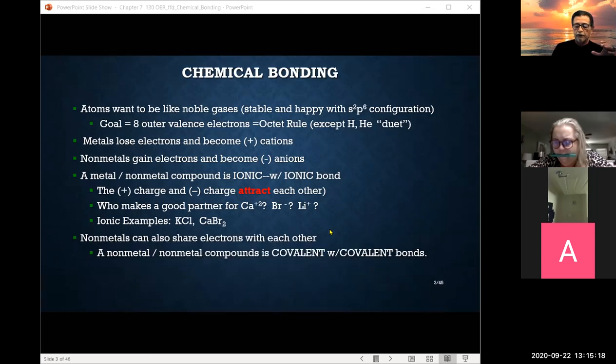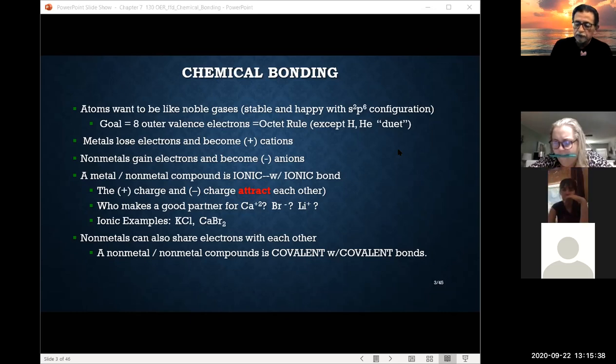Now, nonmetals, as I stated, they share electrons. Ionic compounds do not share electrons; they just attract each other like two magnets, okay? Whereas covalent bonds share electrons. Now, in the previous chapter, we talked about electronegativity.